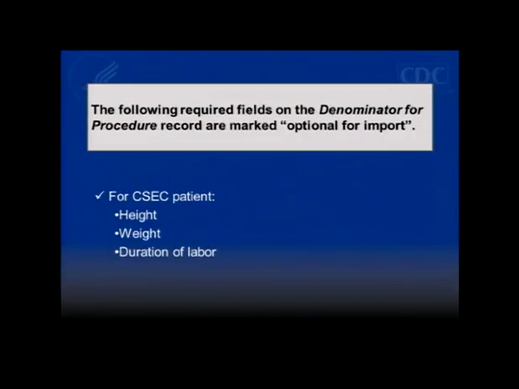In addition, there are some fields that are marked optional for import. So we've seen required, we saw optional, but there's another category called optional for import. For example, for C-section patients, the height, the weight, and the duration of labor are optional for import, meaning if you can't get that information out of your OR, which is unlikely, right?